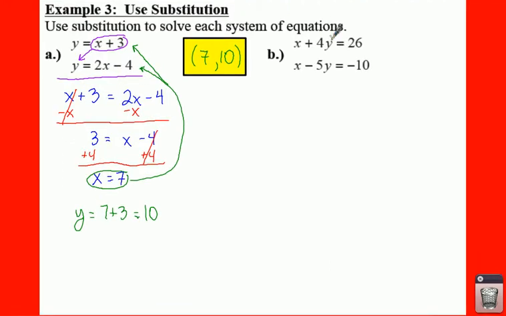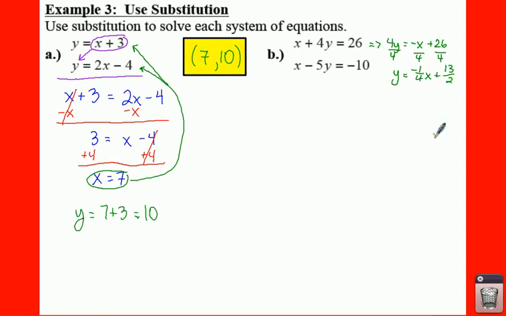Now, when we do a problem like B, notice this has two equations, but neither one of them is solved for x or for y. The best thing to do is not necessarily solve for y, because if you solve this top equation for y, you get 4y equals negative x plus 26. And if you divide by 4, then you're going to be substituting in a negative 1/4 x plus 13 over 2.